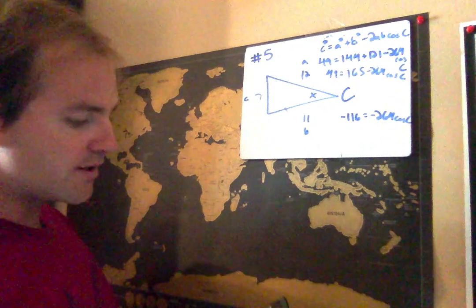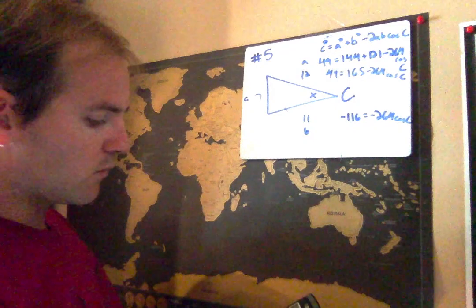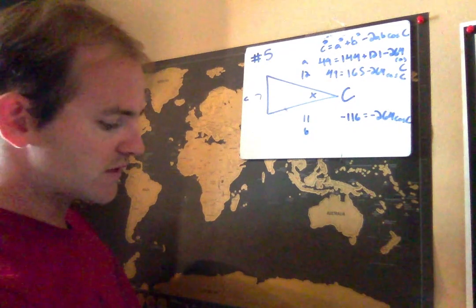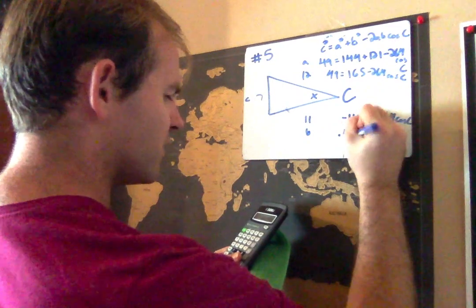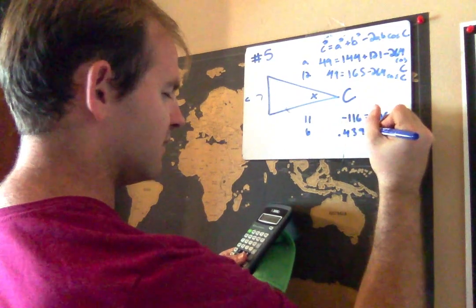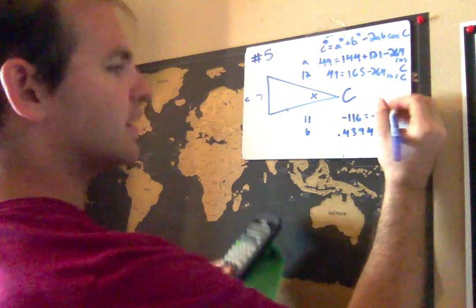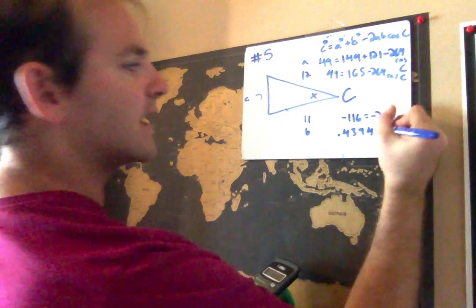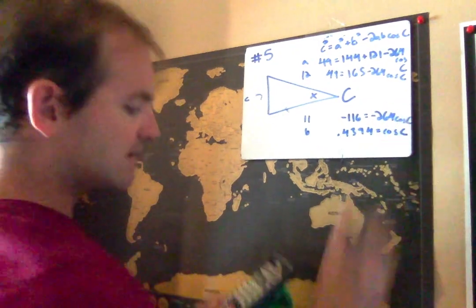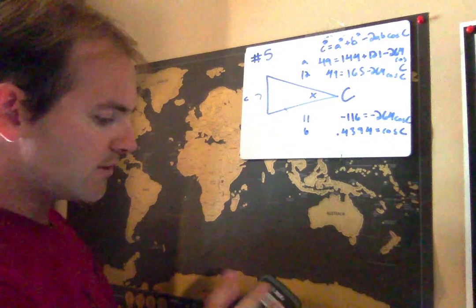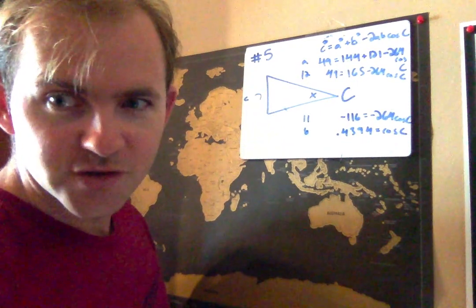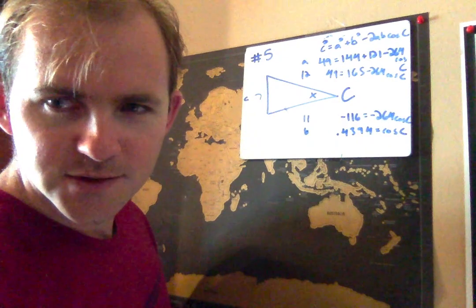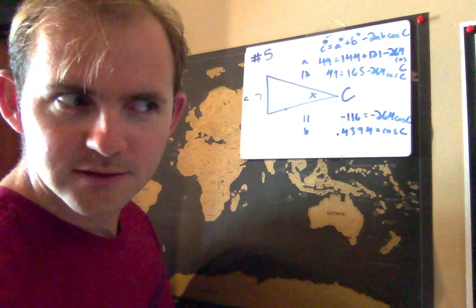How do I get rid of a multiplied negative 264? Well, I'm going to divide both sides by negative 264, and so I'm going to get 0.4394-ish, right? I know it's a repeating decimal. I can leave that, equals cosine C. And then what I can do, because I'm trying to find the angle, I'm going to have to use not regular trig. What kind of trig do I have to use? Anyone?